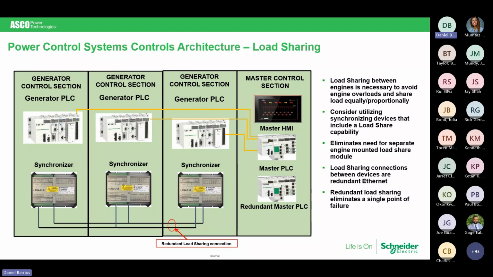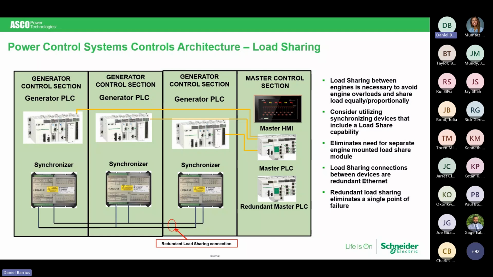Well, what if one landline suddenly goes out? We have a landline B that will pick up immediately. These are hot swappable PLCs, at least when you have the redundant type PLC, okay? When you lose one of your load sharing lines, there is a redundant load sharing line.